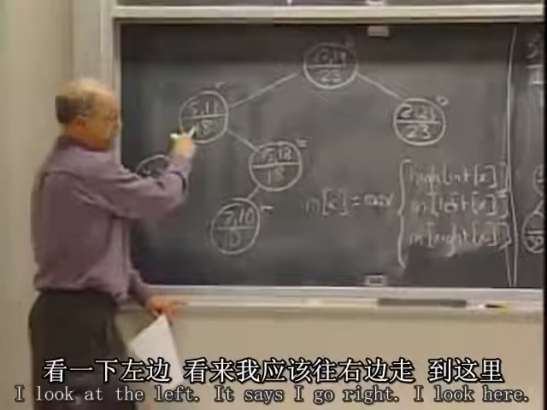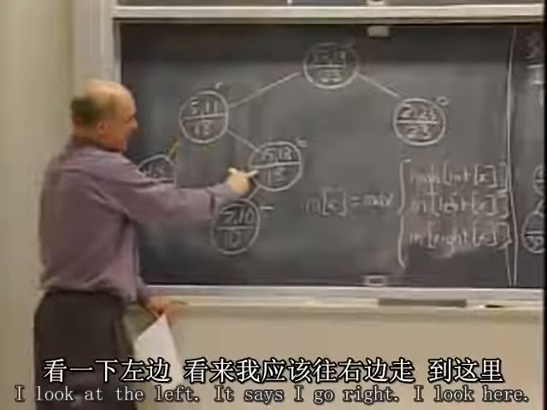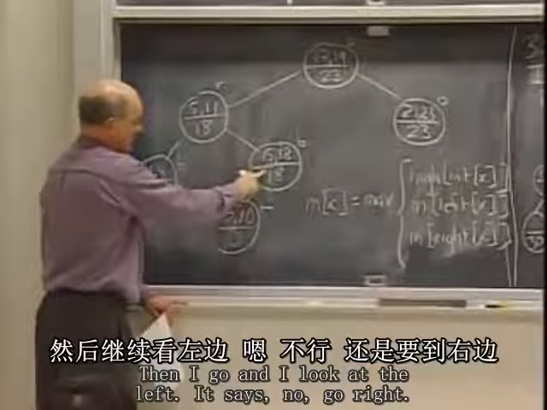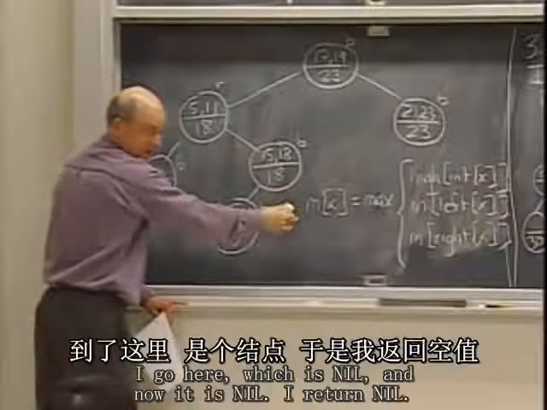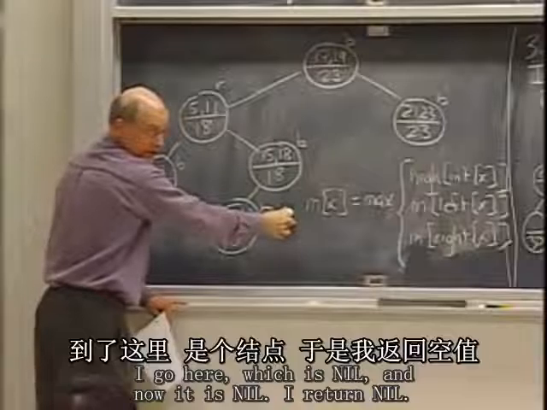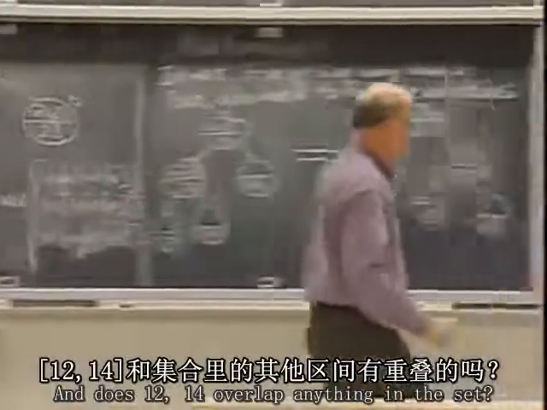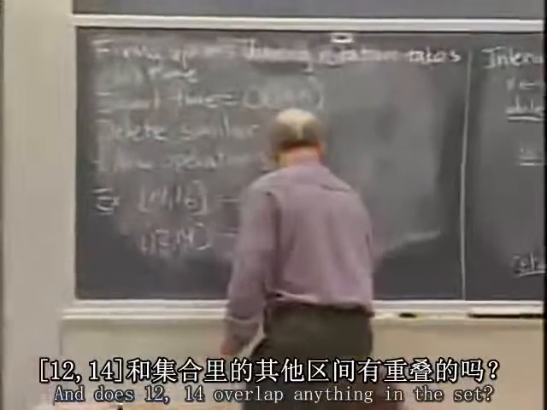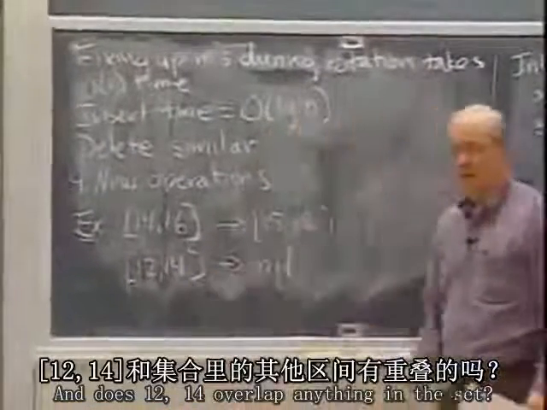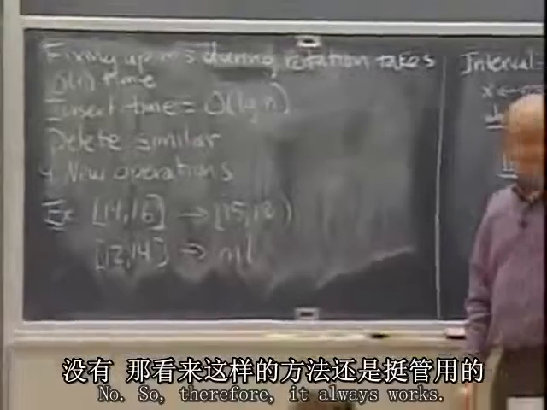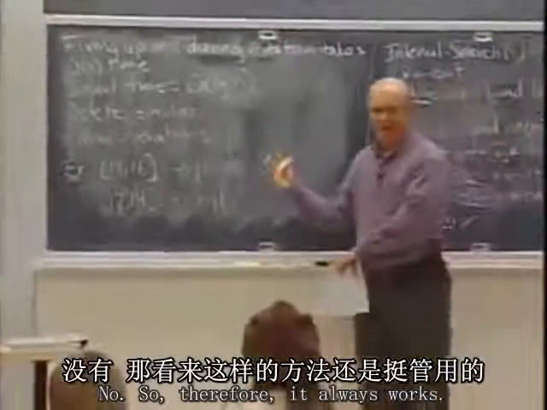It says I go right. I look here, then I look at the left. It says no, go right. I go here, which is nil. I return nil. And does 12, 14 overlap anything in the set? No. So therefore, it always works.